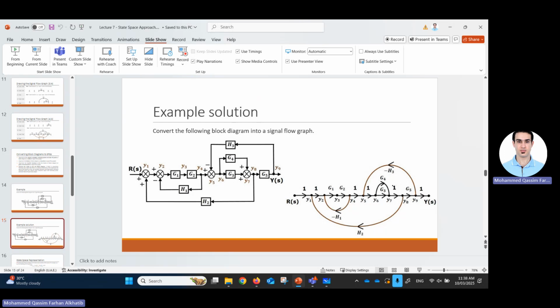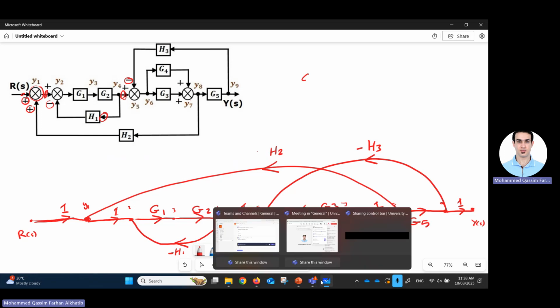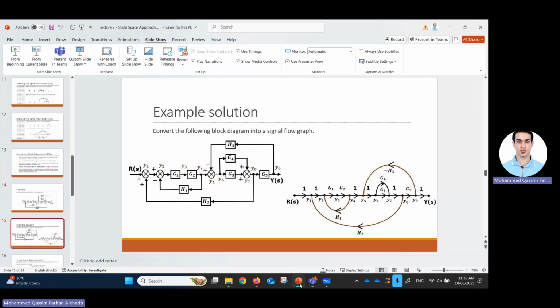It's just they draw it in a way that the branches do not intersect. Mine has this intersection here, but that's still fine. Or I can draw this branch all the way from the bottom. All right, so this is how you go from a block diagram into a signal flow graph.